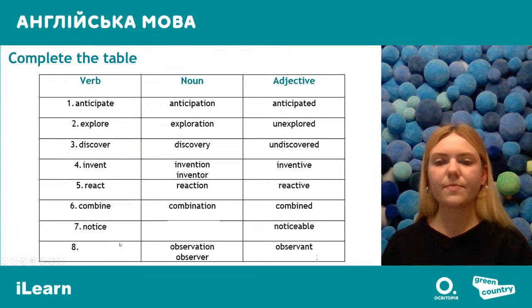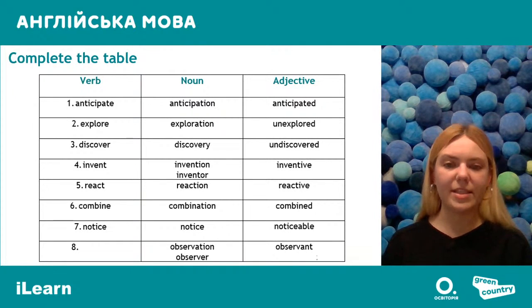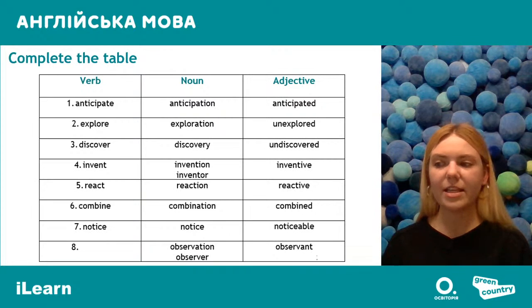Помічати. Also, it can be a noun, notice. And noticeable, that is an adjective. Noticeable, помітний. And notice as a noun, it can mean, so actually it has different meanings. So it can mean попередження, it can mean зауваження, or it can be замітка. So notice has many different meanings as a noun.